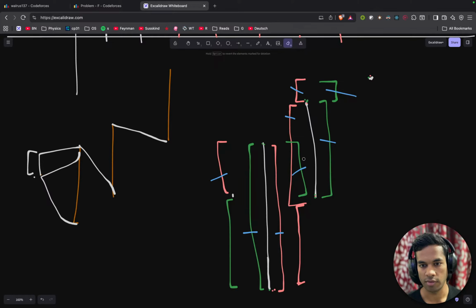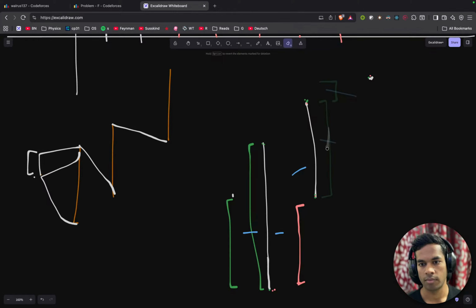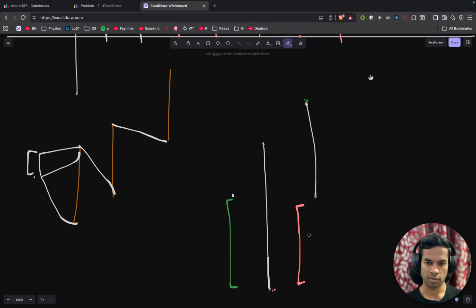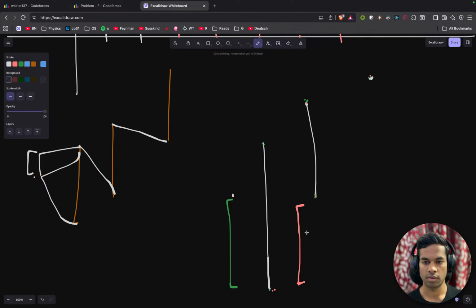If we remove the ones which have been cancelled out, we just have these two distances remaining, right?